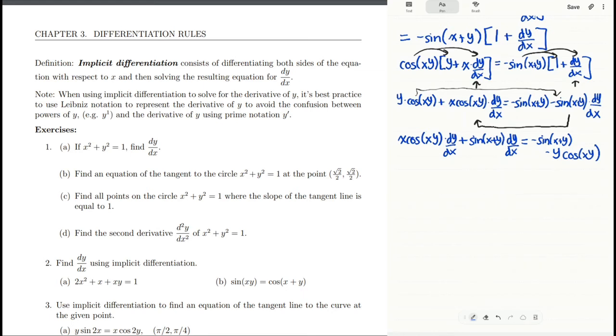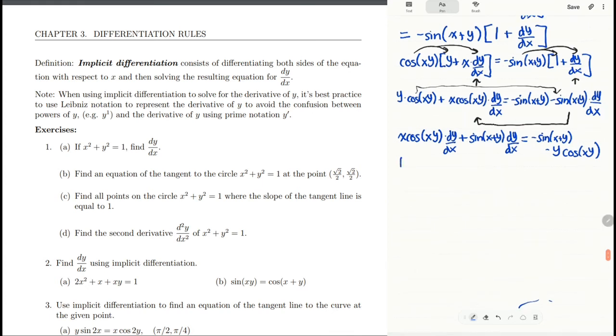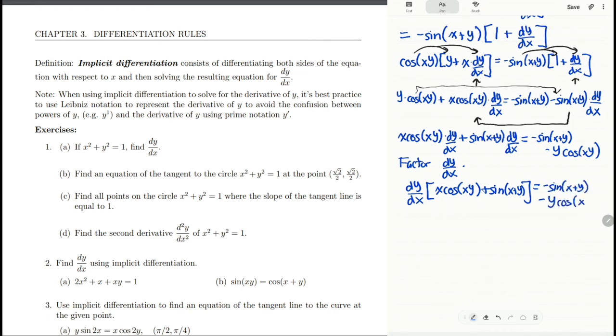So now that we have the dy over dx terms on one side of the equation, we can factor them from both terms. If we factor out dy over dx, we are left with x times the cos of xy plus the sine of x plus y is equal to negative sine of x plus y minus y cos of xy.